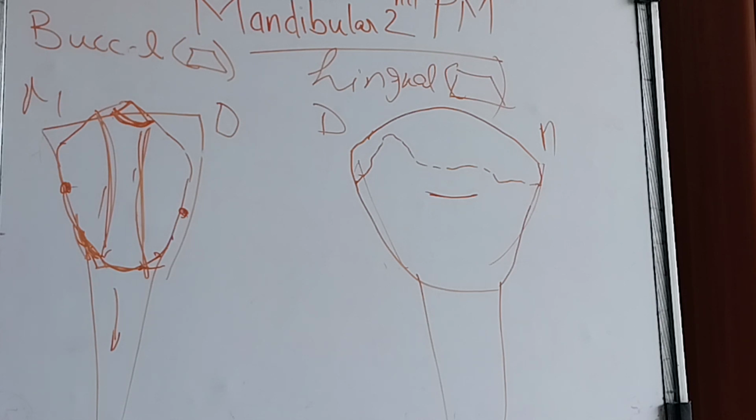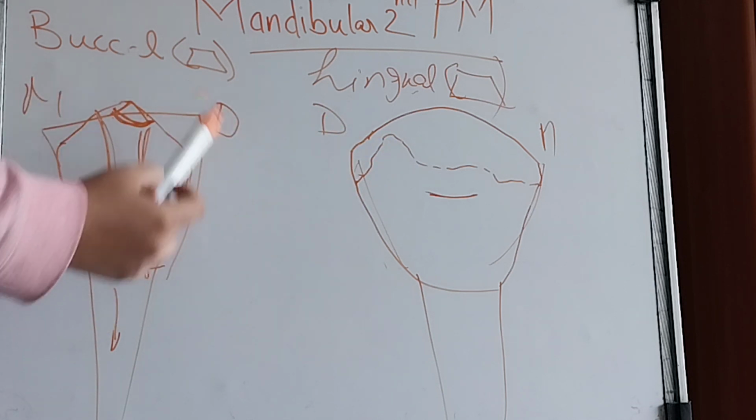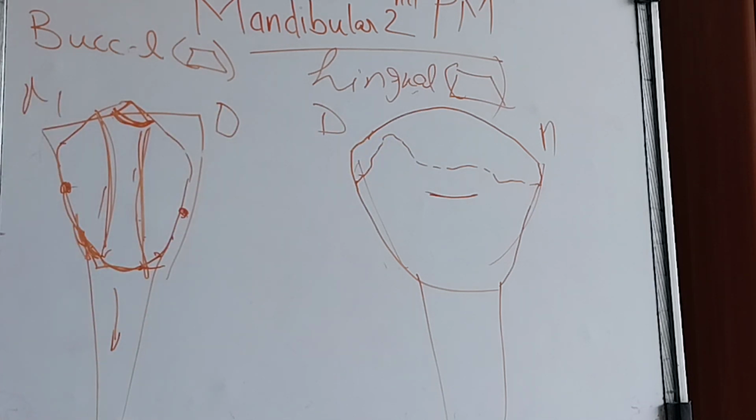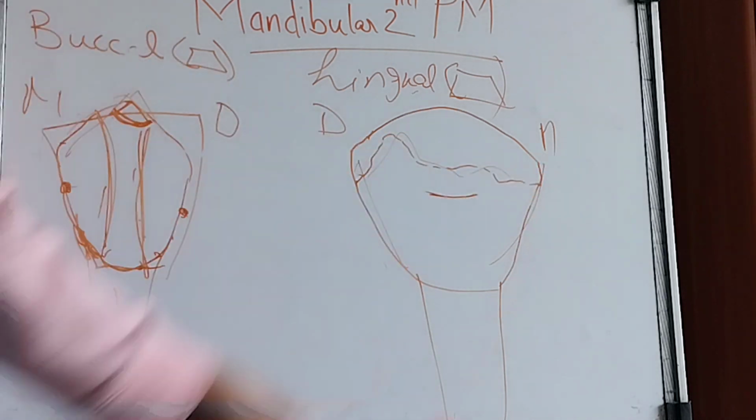Even the cervical outline is similar to the buccal aspect. On the lingual aspect, the three outlines are similar, with no big difference, only in the occlusal outline. Here it is formed by the lingual cusp tip and the cusp ridges, whereas on the buccal aspect it was formed by the buccal cusp tip and the ridges.